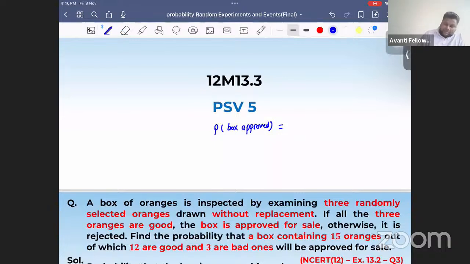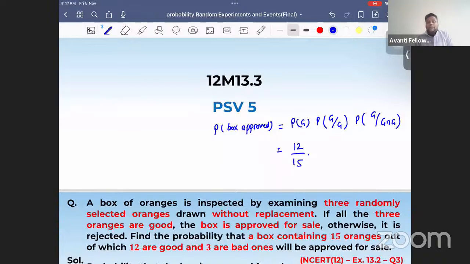Not 1 minus. Keep the probability of getting a good orange, the probability of getting a good orange when another good one has already been drawn, and the probability of getting a good orange when two good oranges have already been drawn. So first, the probability of getting a good orange is what? 15 oranges, 12 are good. So it is 12 upon 15.